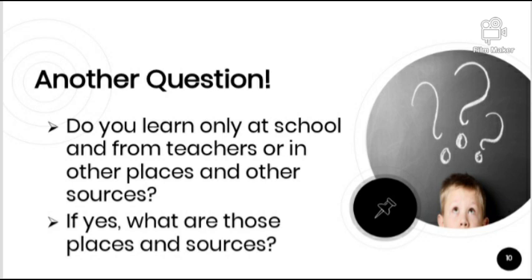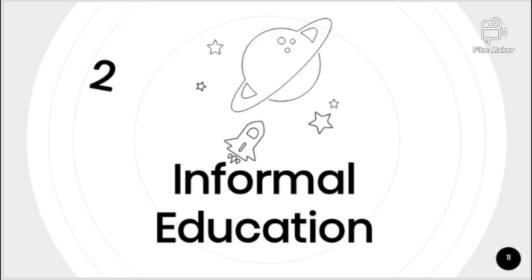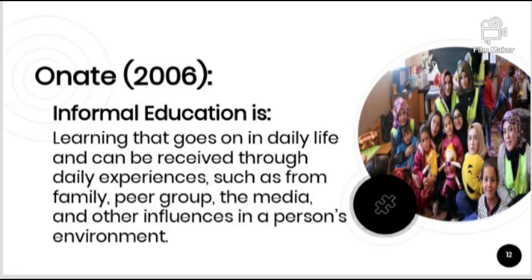Another question: do you learn only at school and from teachers, or in other places and from other sources? If yes, what are those places and sources? Let's check together. This is informal education. So let's see what informal education is. Here we have a definition by Onet, 2006.